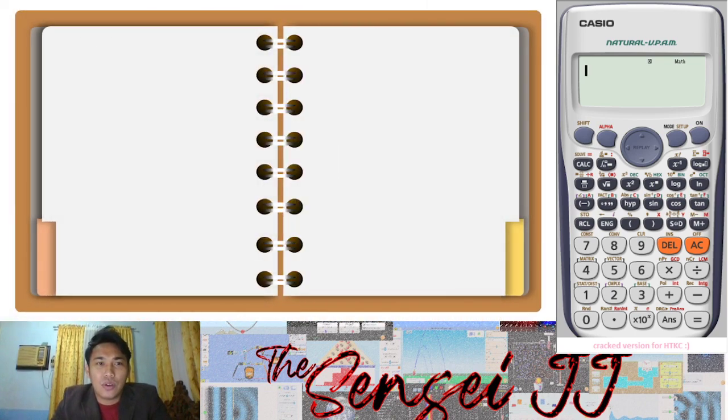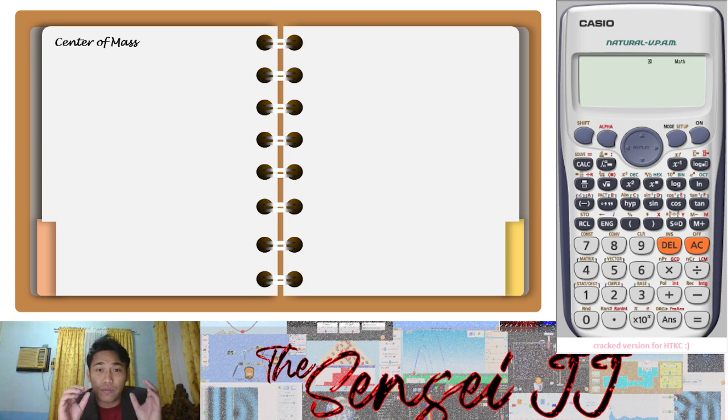Okay, so first off, if you encounter the word center of mass, what comes into your mind? Maybe you are thinking of an object, and the center of mass is just the center of it. It is not basically the center per se, but the point where the object is balanced.